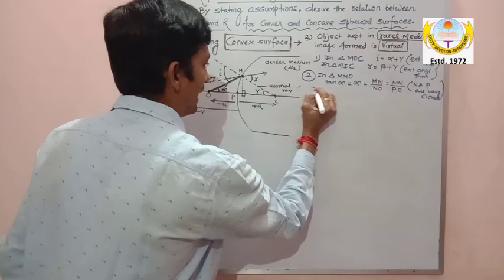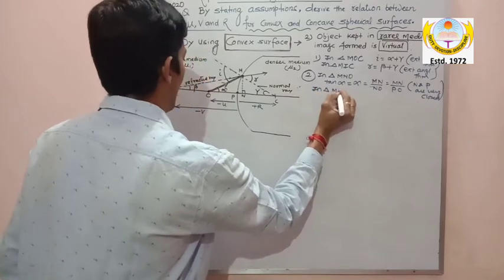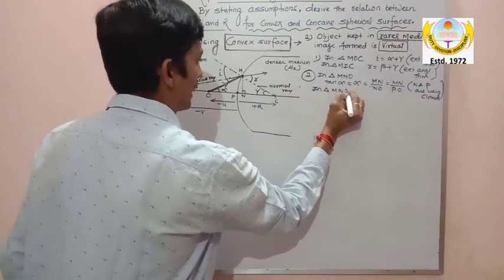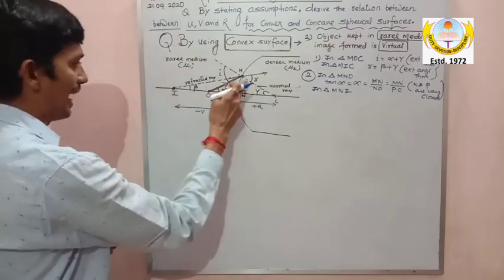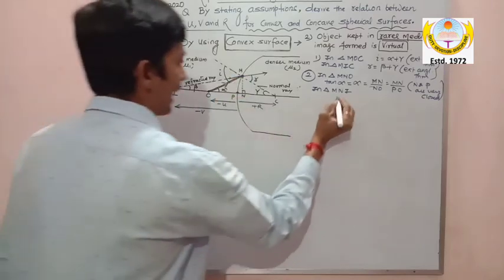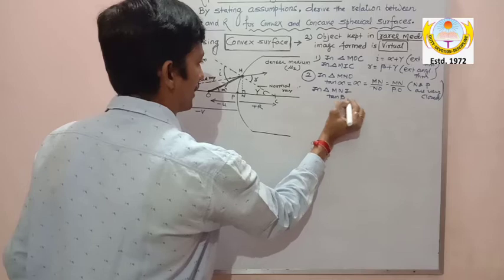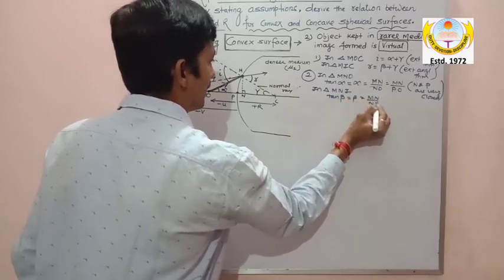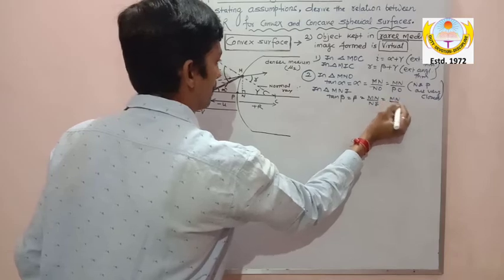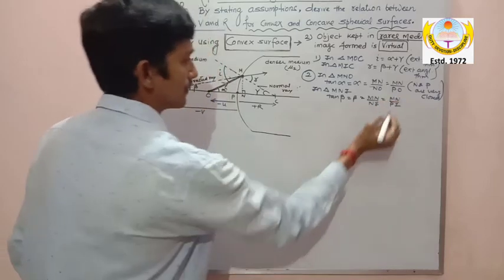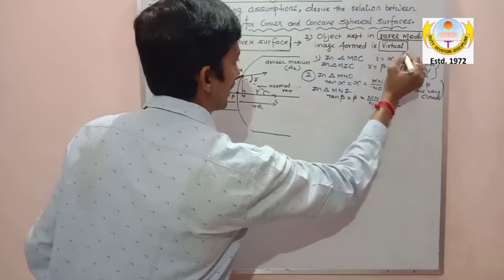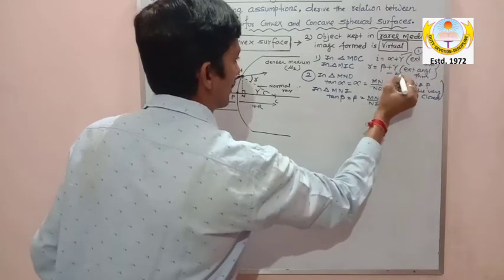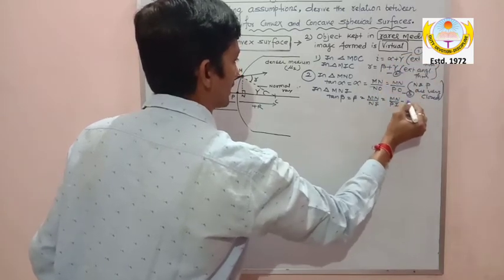Now similarly in triangle MNI, what is tan beta? Tan beta is equal to beta, which is equal to MN upon NI, which can be written as MN upon PI. So this is your equation number 1, this is 2, this is 3, and this is 4.